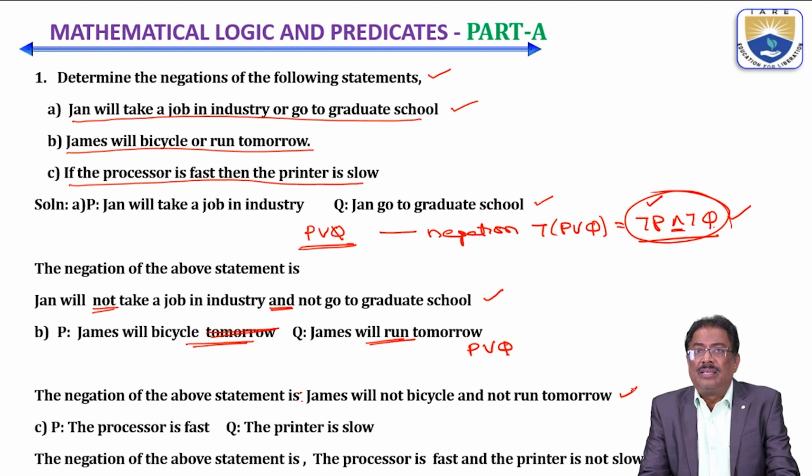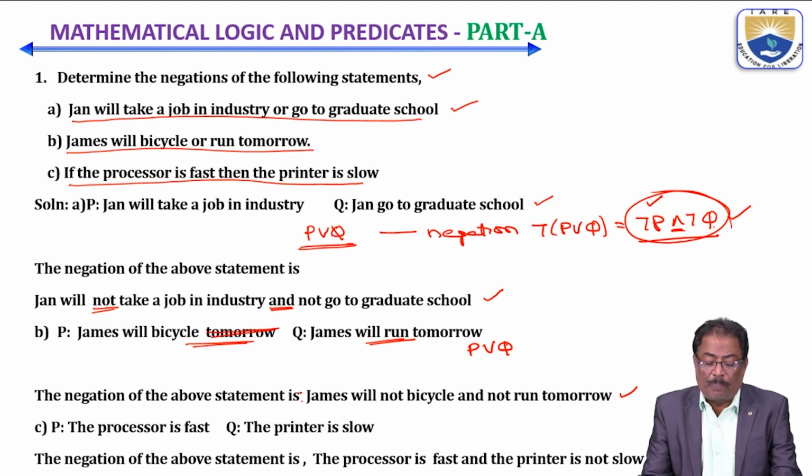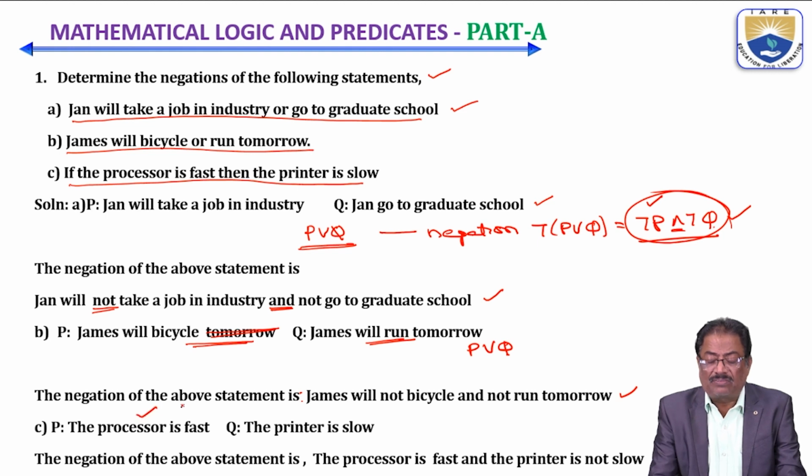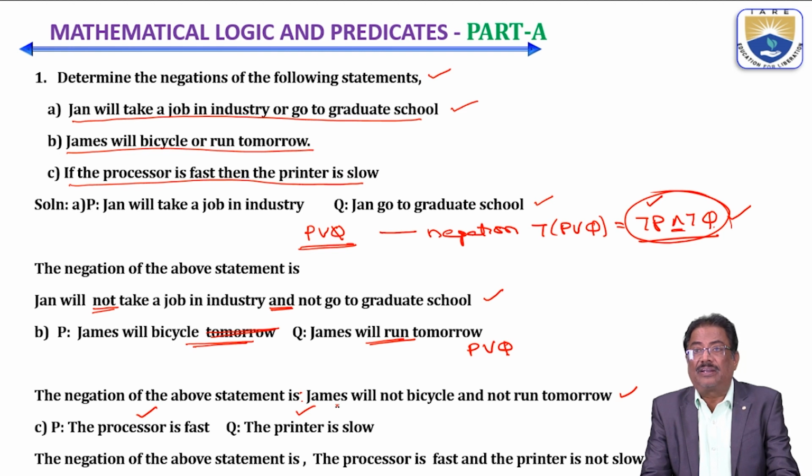And the third one: if the processor is fast, then the printer is slow. P is the processor is fast, and Q is the printer is slow.